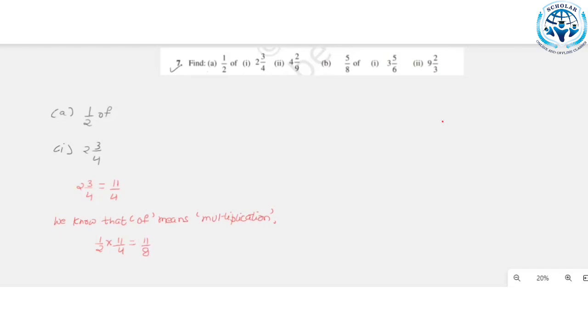We can convert them into a mixed fraction. Now, when we multiply fractions, we multiply the numerators and the denominators. 11 ones are 11 and 4 twos are 8.